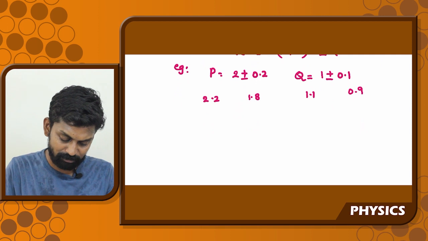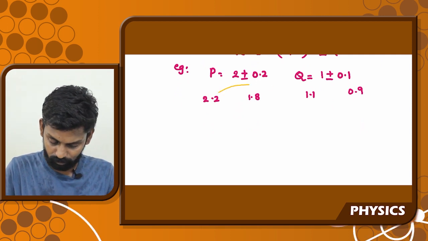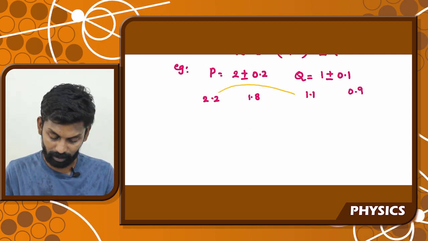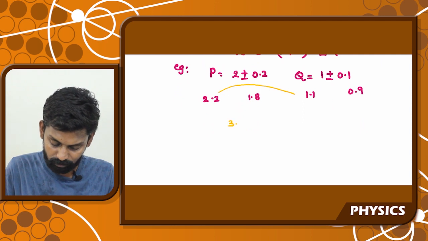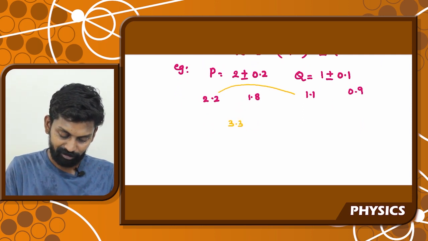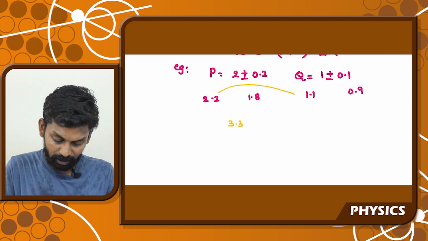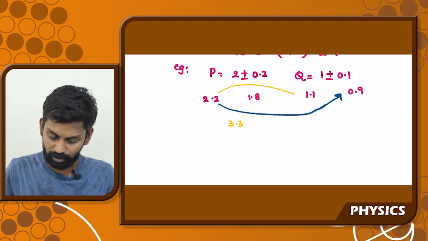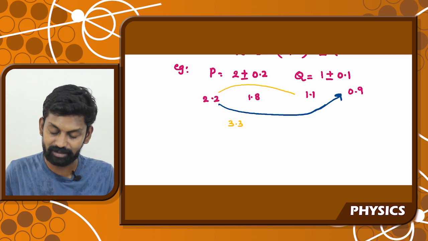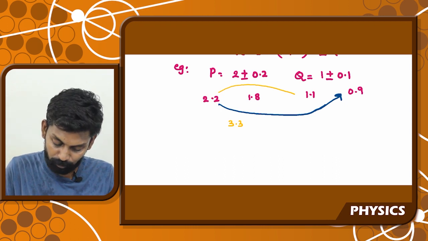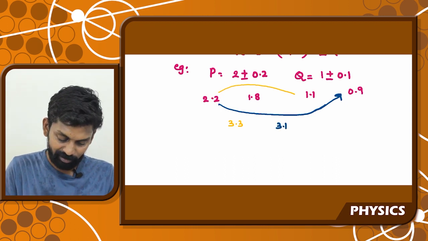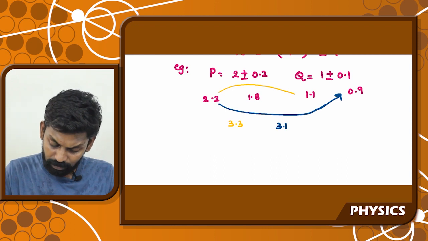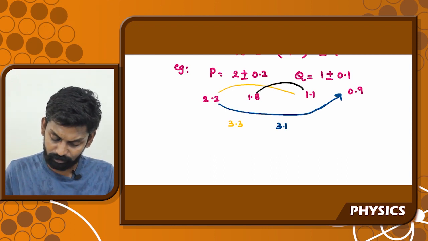When maximum and maximum are added, what is the value? We get 3.3. When maximum and minimum are added, what do we get? 2.2 plus 0.9. We get 3.1. When minimum and maximum are added, what do we get?